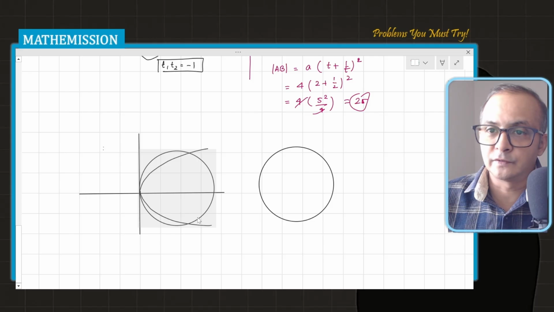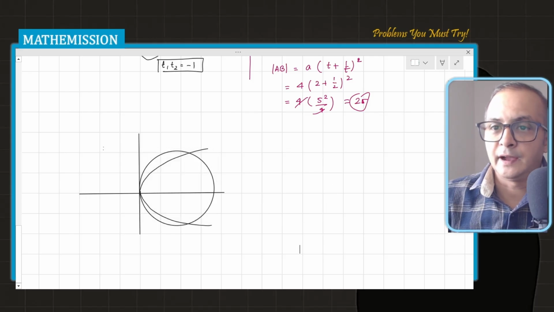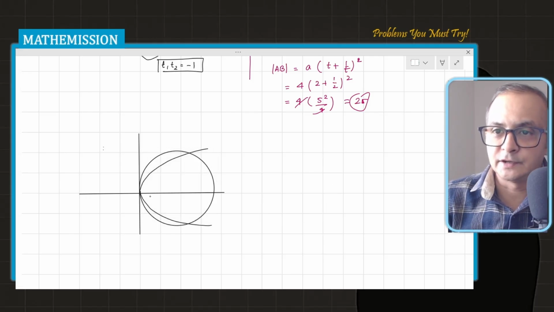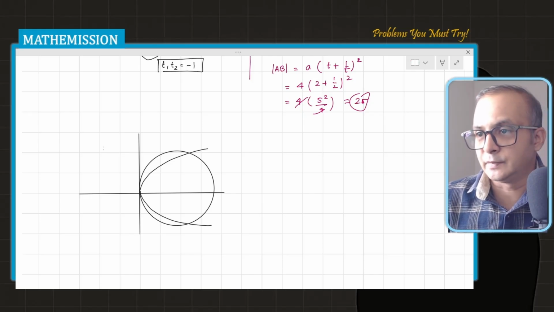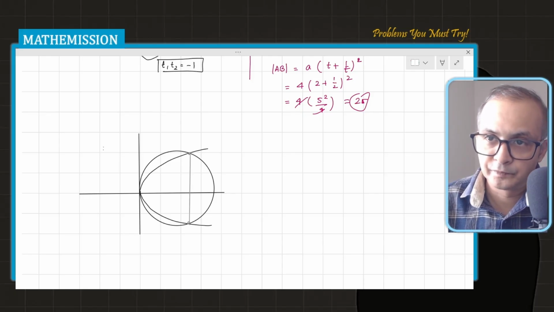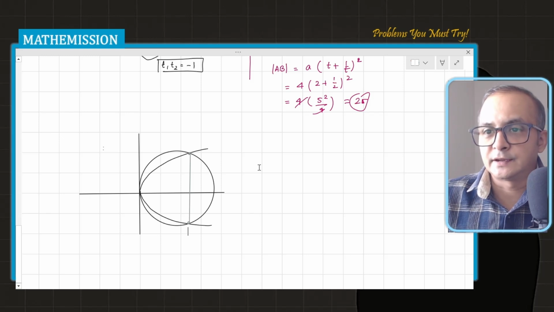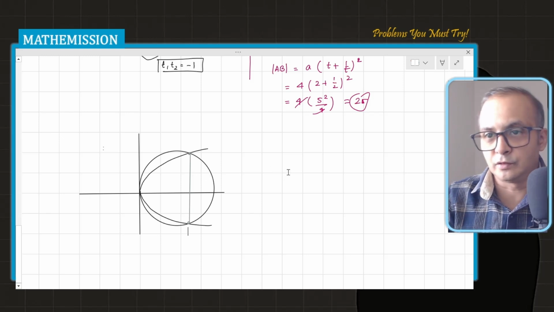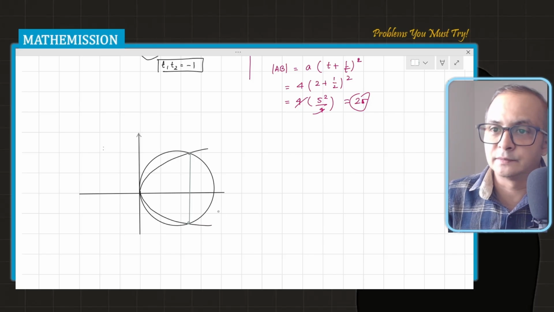Of course, one of them is the origin, and I don't know whether this is intersecting here or not, don't care actually. Suppose this is the intersection point here, and this is the focal chord. So it seems like we are taking the vertical, but it's not like this. Try to understand.